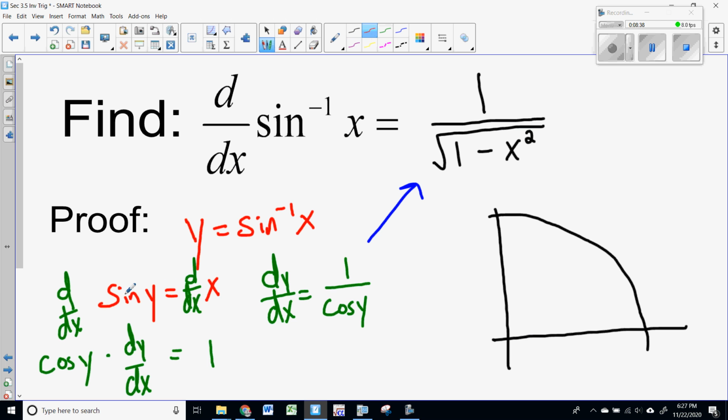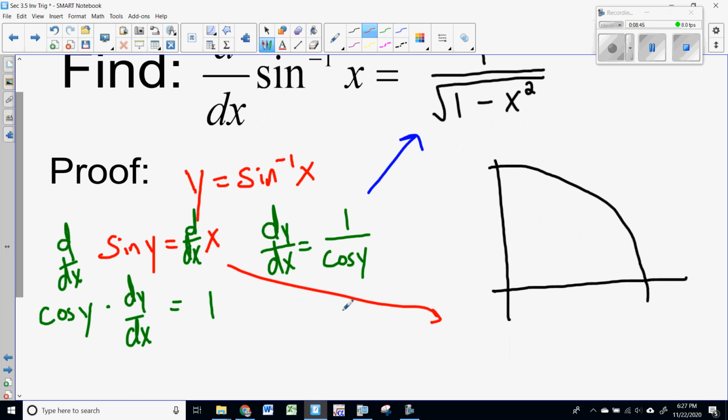Okay, so if we're in the first quadrant, and consider what I had over here, let me write that down here. This is the sine of y equals x. So that means I have some angle y, and the y-coordinate of this point is equal to x.